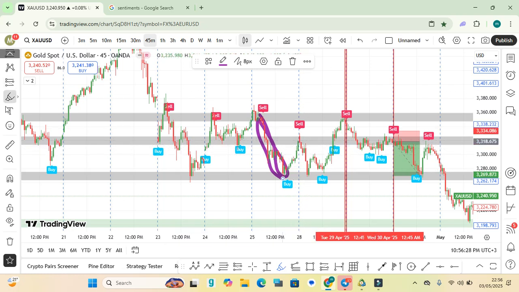We need a break of a level with an impulse move so that we can see from the left that price has bounced at that level. So this was a good trade. Here again, you see, we have an impulse move breaking the level right above it. So we have a bounce here, right? So we expect price, because we went up, to reject going up.